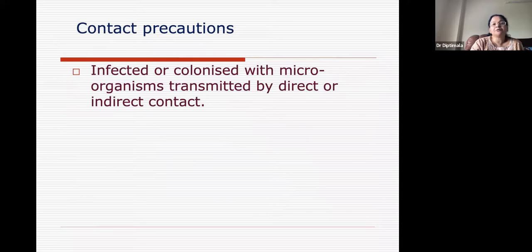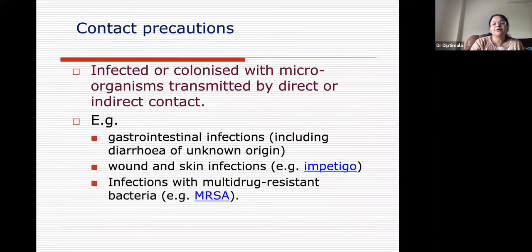In contact precautions, patients are infected or colonized with microorganisms transmitted by direct or indirect contact. Examples: gastrointestinal infections, wound and skin infections, and infections with MRSA.